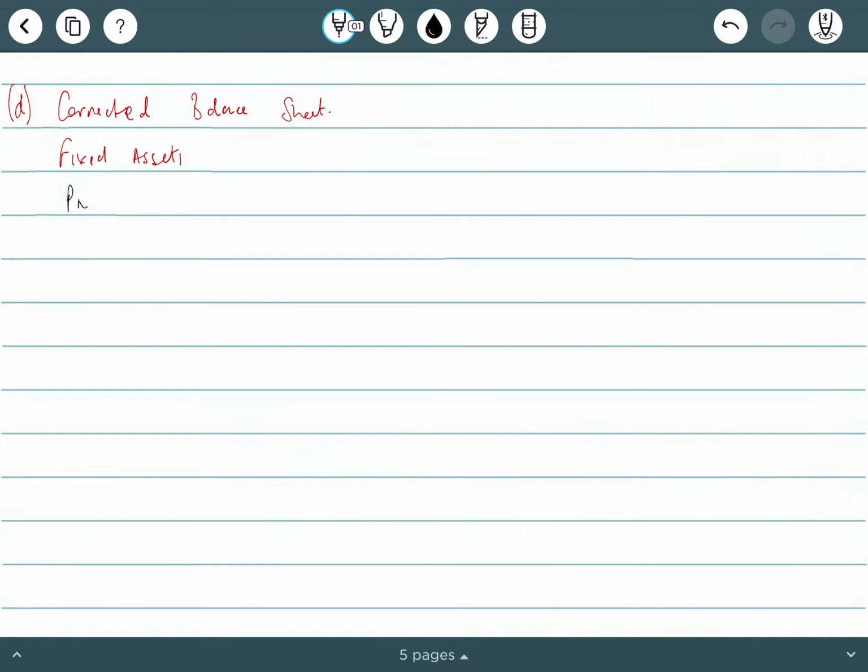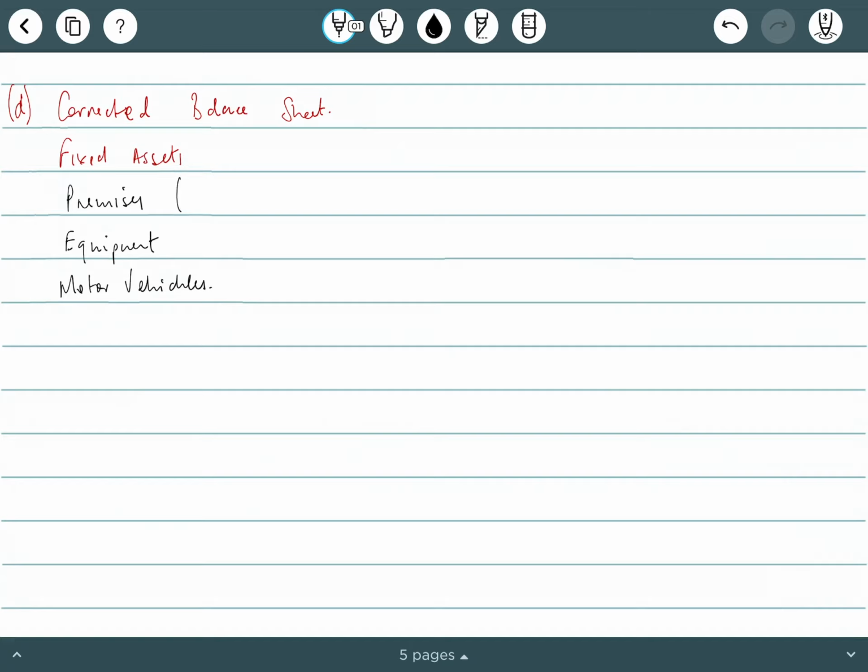So we've got premises. We've got equipment. We've got motor vehicles. Now these are all assets, obviously, gents. So remember, debit column, add it on, credit column, take it away. Now I'll do all the little workings here for you.